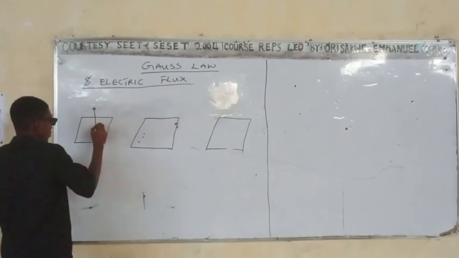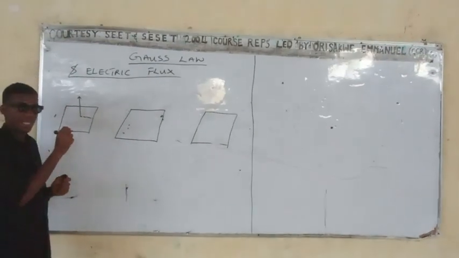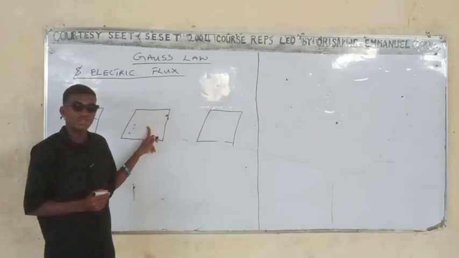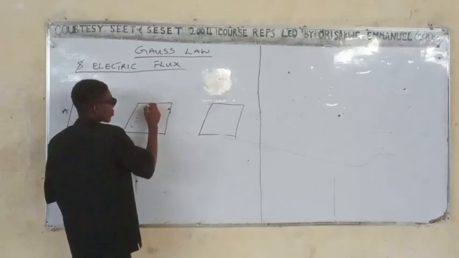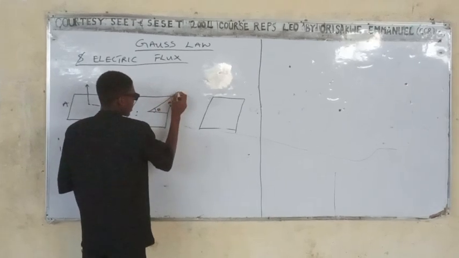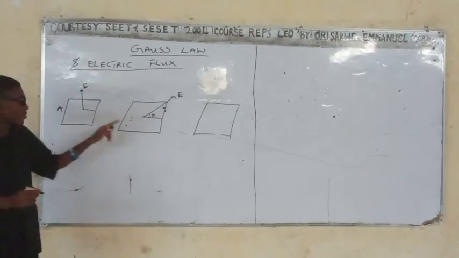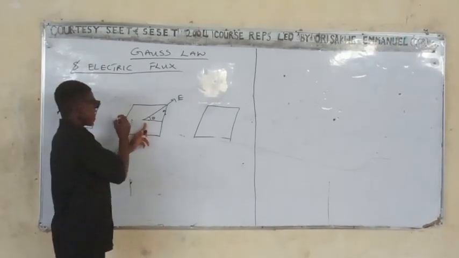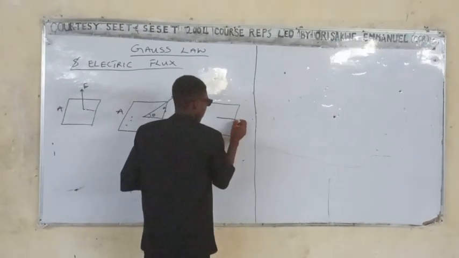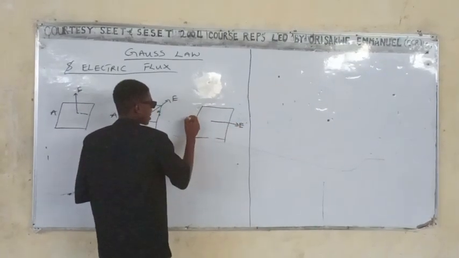This is our electric field, E, acting perpendicular to the surface, and the surface has an area A. For surface 2, the electric field is acting at an angle theta, and it has an area 2A. And lastly, for surface 3, the electric field is acting horizontally, E, and it also has an area A.